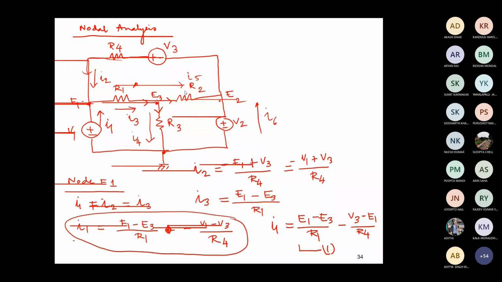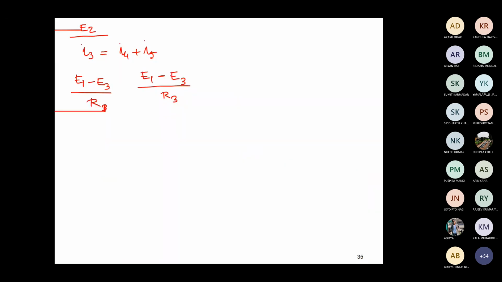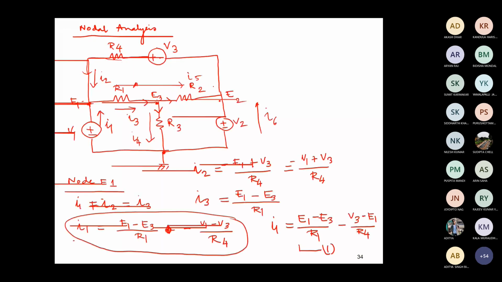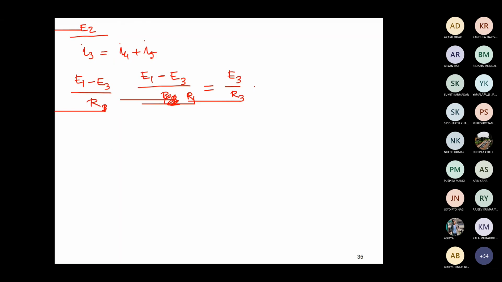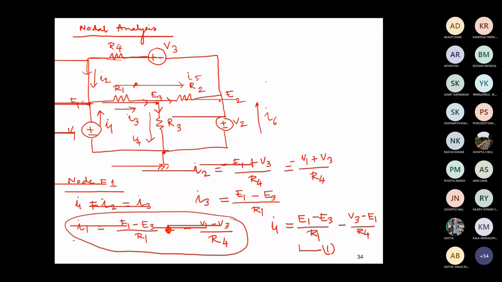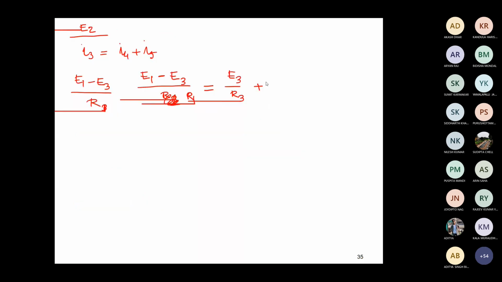E1 minus E3 divided by R1, not R3. This is R1. This is equal to E3 by R3 plus E3 minus E2 by R2. So this is your node 2, right?